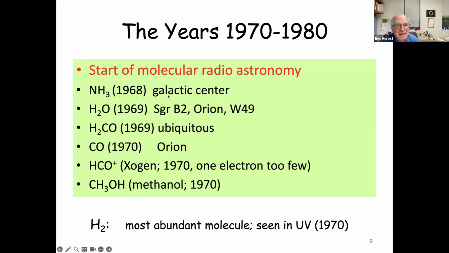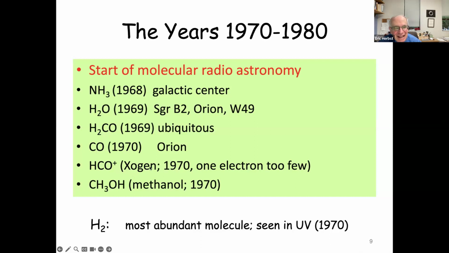And here are some very important landmarks. Water was seen in a variety of these clouds, and this is a big one, Sagittarius B2 and Orion, but they're also seen in smaller regions. Here's formaldehyde. Here's carbon monoxide seen. And here is the first ion, HCO plus. And this, astronomers didn't know what to make of, so they called it X-ogen, and that means it's sort of unknown.